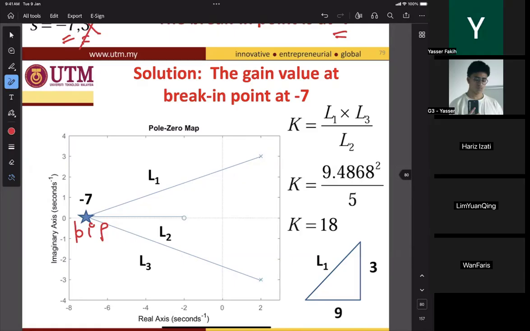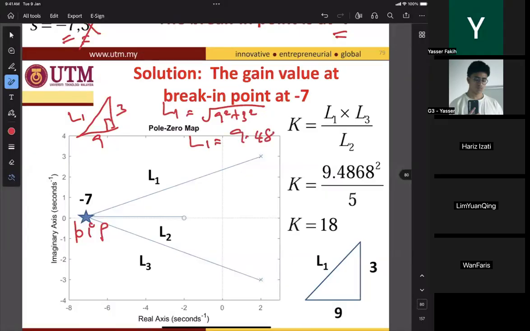For example, in this case, L1, the length here is 3, and the baseline is 9. So L1 is square root of 9 squared plus 3 squared, which is equal to 9.48.